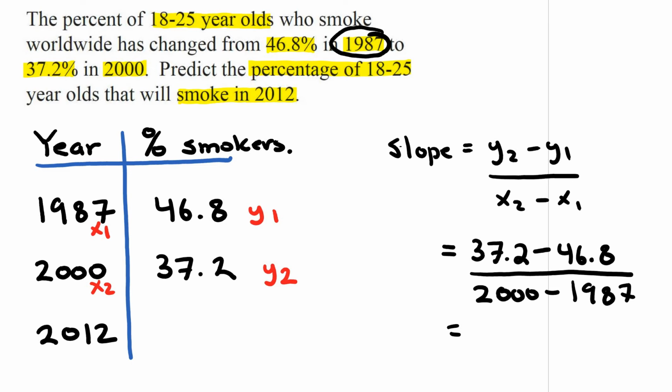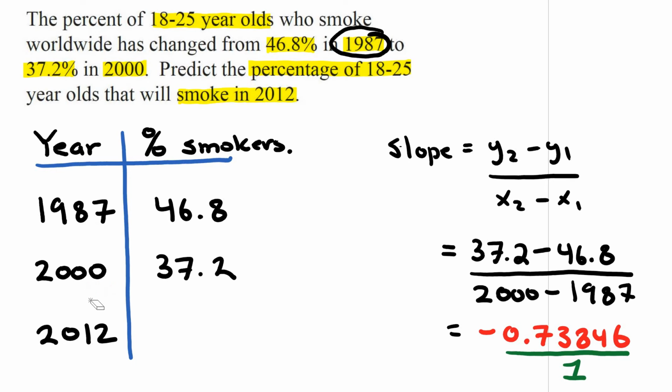If I input that into the calculator, you would get negative 0.73846. So we get a weird number there, and what that really means is that if I put this over 1, every year the percentage of smokers is decreasing by 0.73846 percentage points.